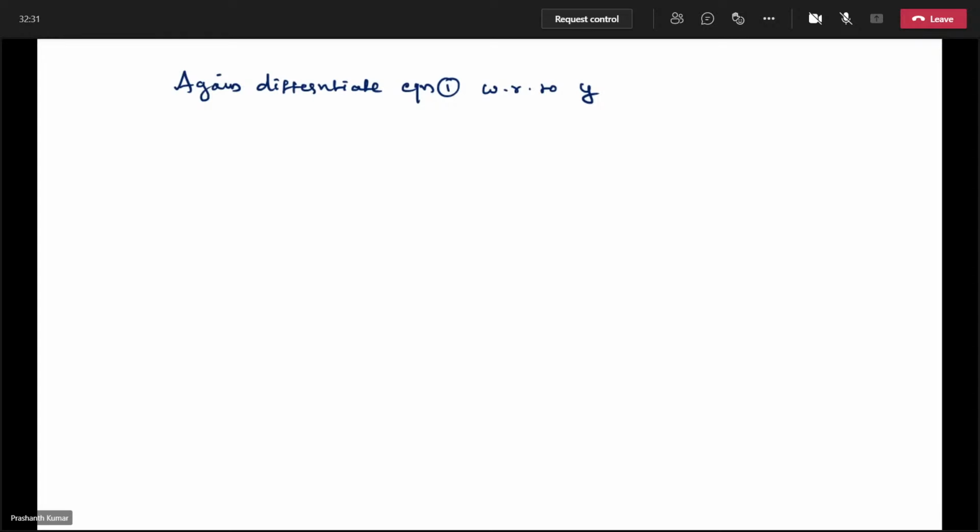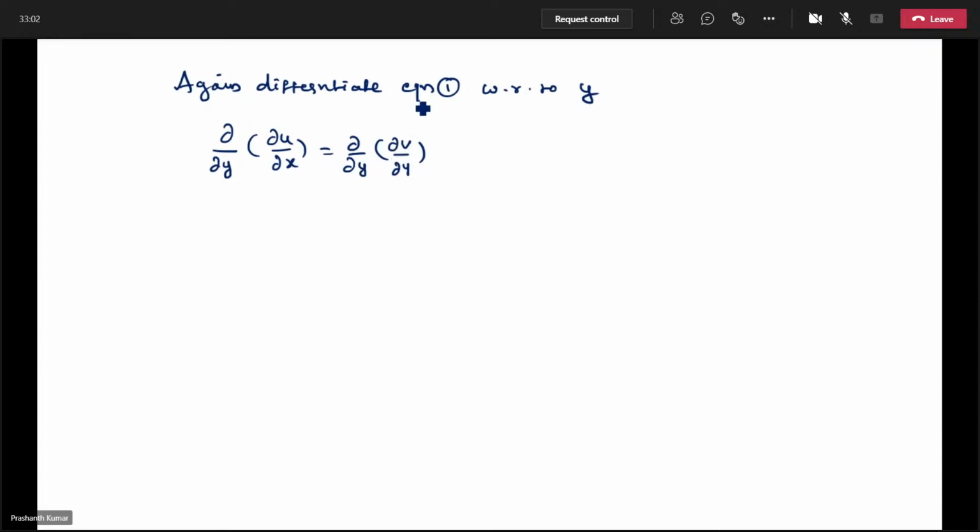So what is equation 1? Dou u by dou x is equal to dou v by dou y. So the equation 1 becomes, with respect to y, dou by dou y of dou u by dou x is equal to dou by dou y of dou v by dou y. This is our equation 1.